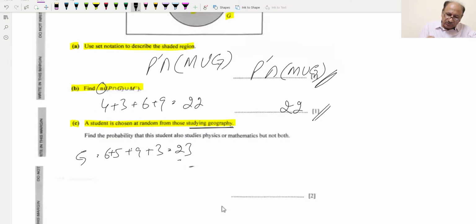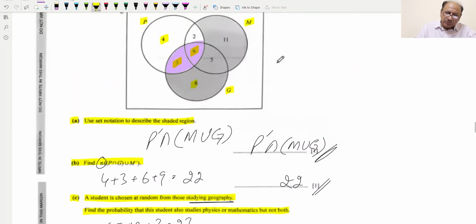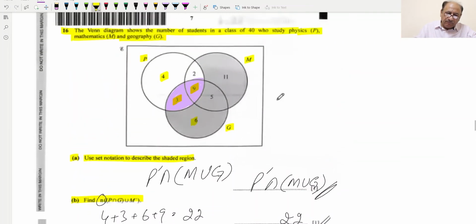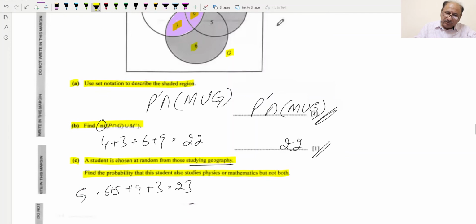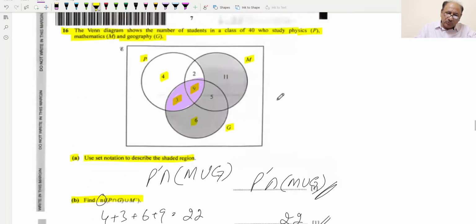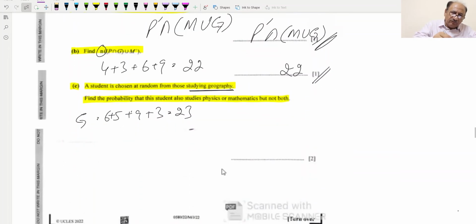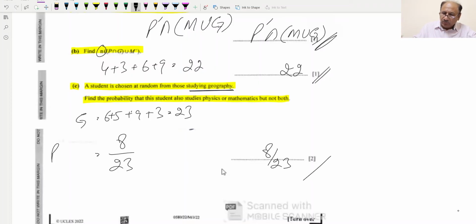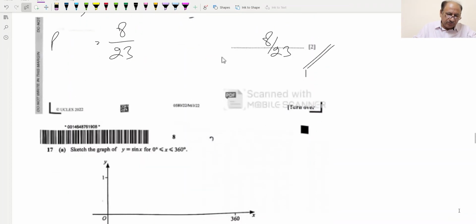Find the probability that this student also studies physics and math, but not both. So 3 plus 5 will be 8. So 8 divided by 23, this will be the probability, and this will be 8 over 23 for 2 marks, and this is done. Hopefully you understood this.